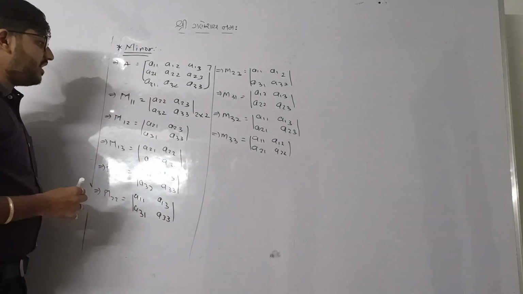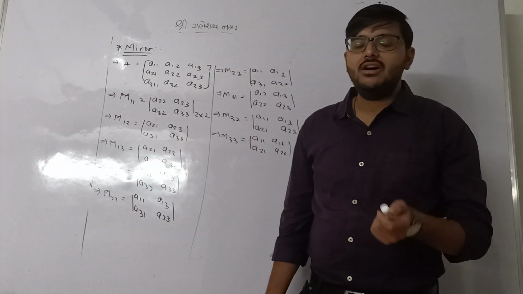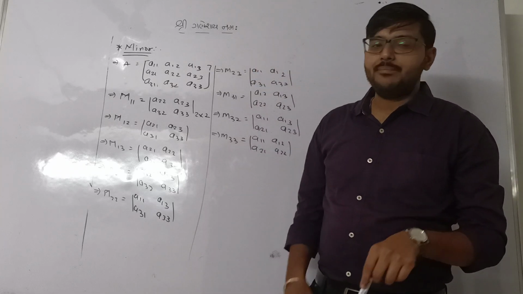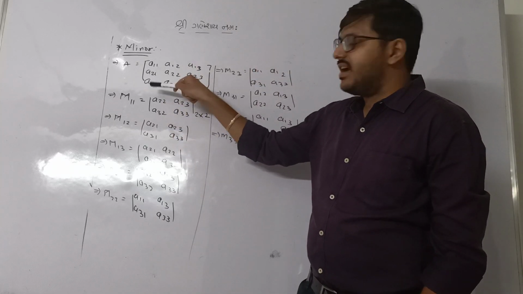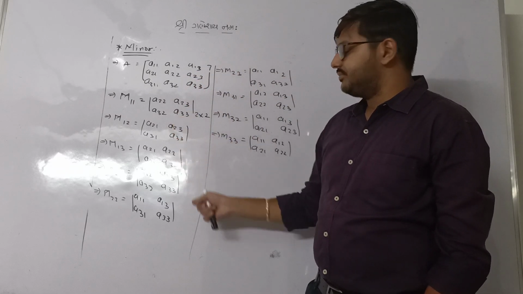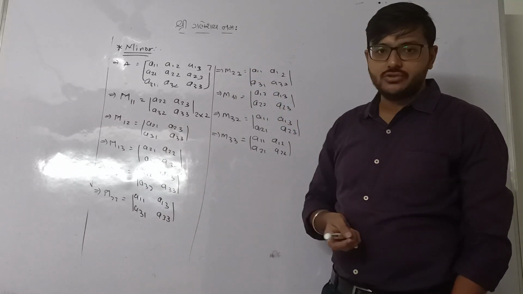So this is how we can write down the minors of all the elements. Once again, the minor of any element of a matrix is the reduced order determinant obtained by eliminating the row and the column where the element is and keeping the remaining elements as they are. Just check that all the determinants have order 2 cross 2.